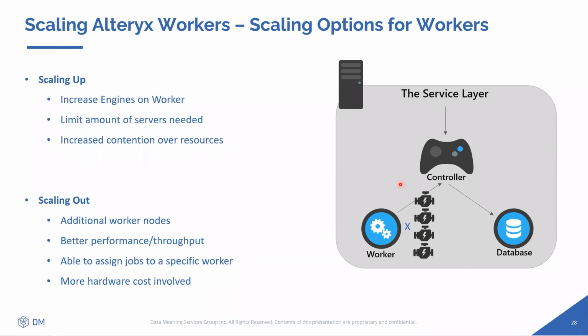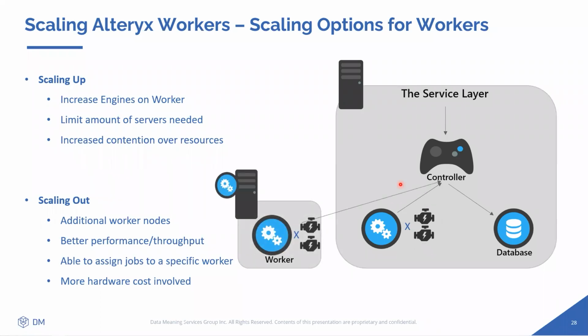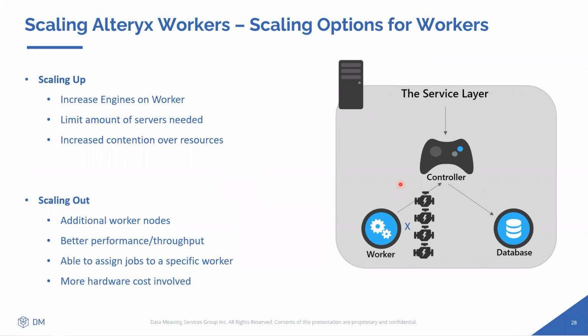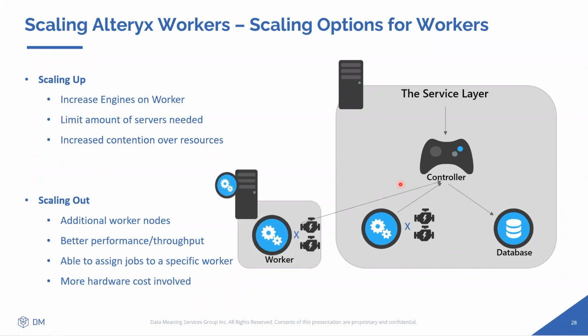So one of the options there is for you to start scaling out. So instead of having 4 engines inside your single node environment, just add another server, and you can see this other server machine as a worker node. And as you can see in the benchmarking, this has better performance, better throughput.